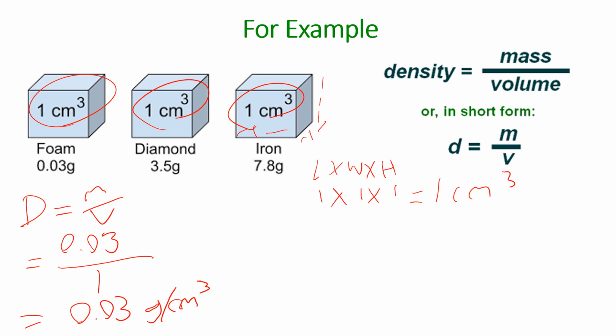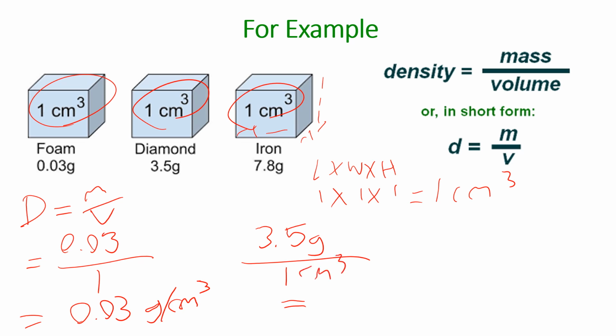Let's go with our diamond. I've made a bit of a mess here, but anyway, let's persist. So again, the mass of our diamond, our numerator, is 3.5 grams. We've got a volume of 1, so a nice easy calculation here. I'll just put that in there.